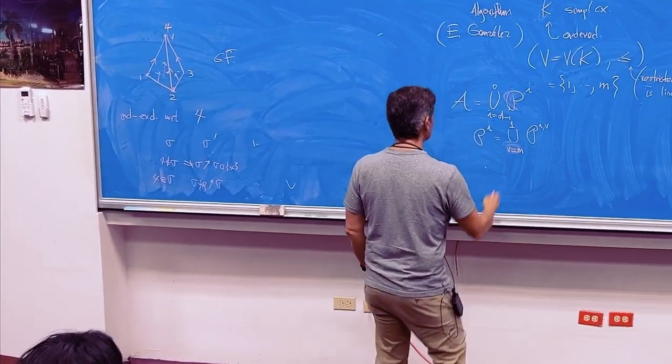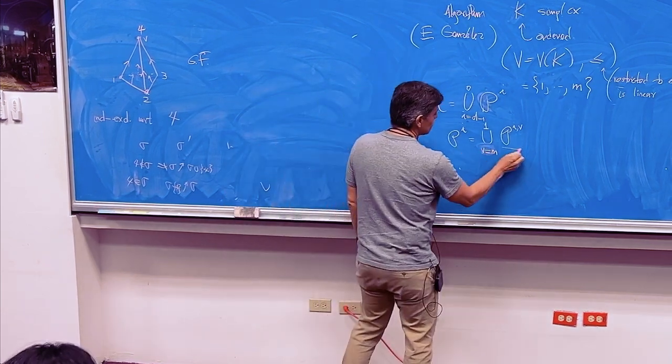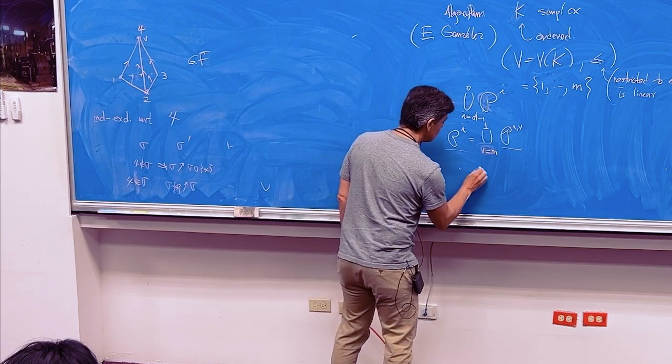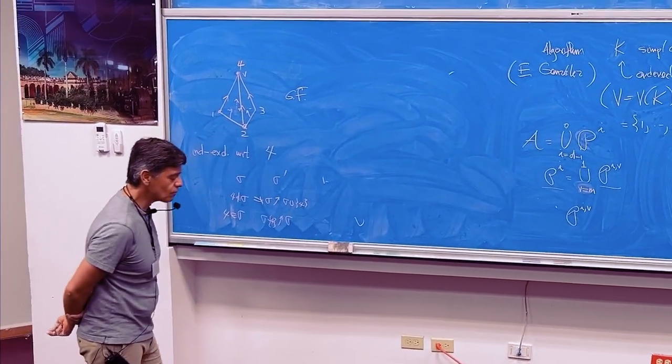All right, so you do this. And I haven't defined this, but if I did, I have defined this. So what is P, I, V?